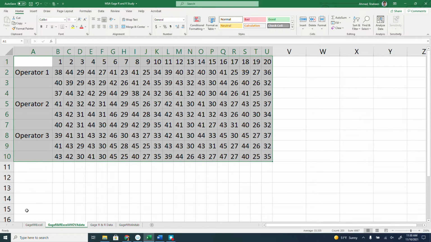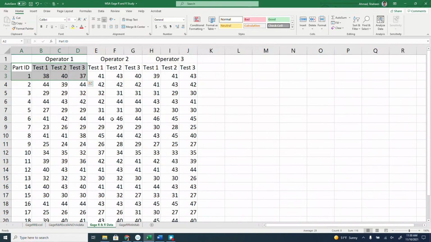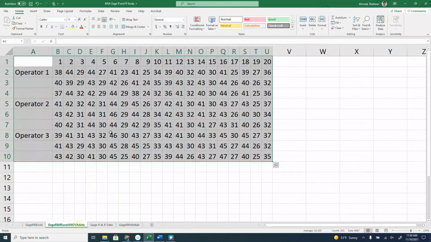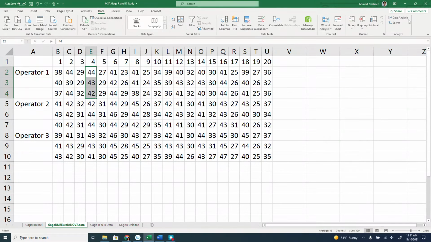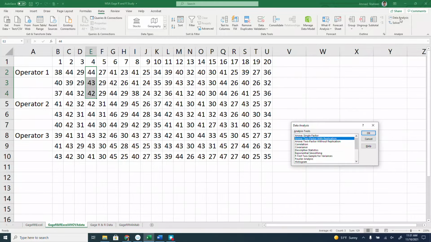So basically, here is the data file, and then I convert it to this format. These are the part numbers and then the operator, and this is the replication for each part for each operator. First we have to perform the analysis of variance. Under Data, you can click on the Data Analysis ToolPak and select Two-Factor ANOVA.